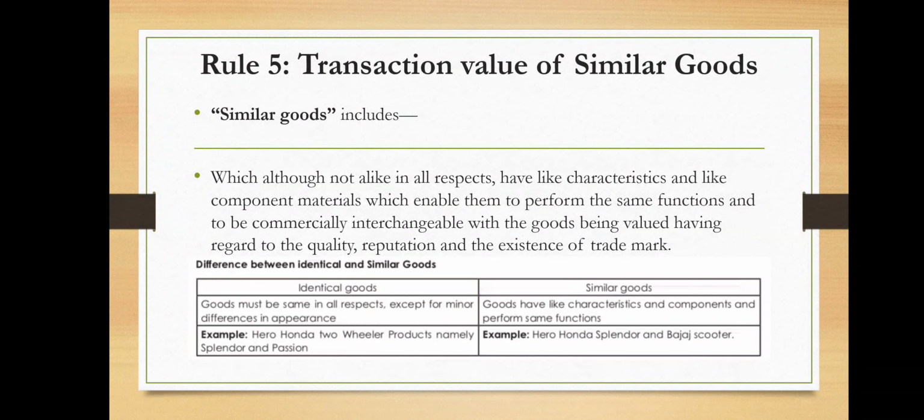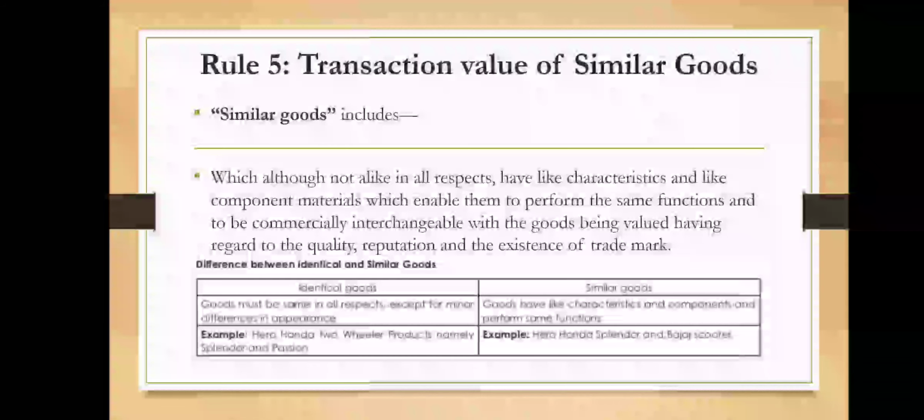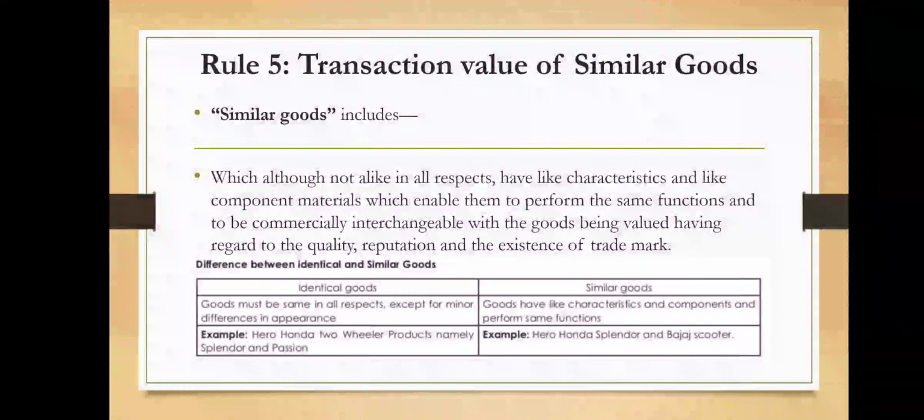The components, ingredients and parts may be the same, the character of that material or goods will be the same, and the same function they are going to perform. With respect to quality, reputation or existence of the trademark, it will be the same.